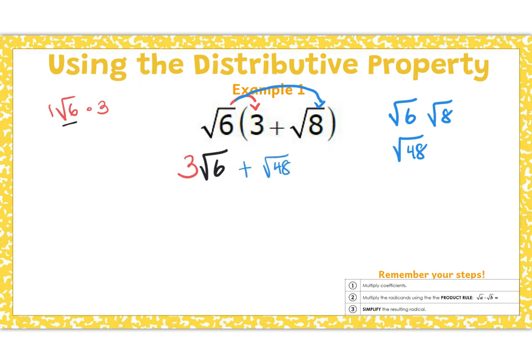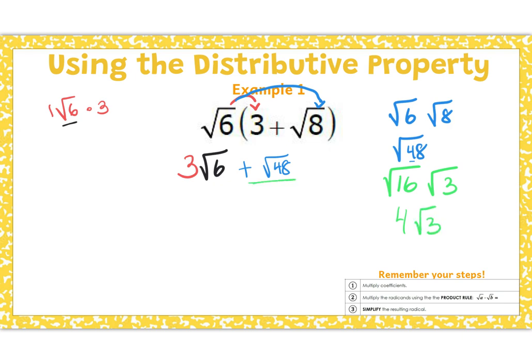However, we want to break apart because we need to simplify the resulting radical. So I want to simplify the square root of 48, using 16 and 3. So I'm going to go ahead and simplify here. We have 4 square root of 3.